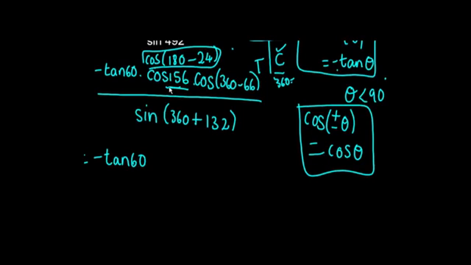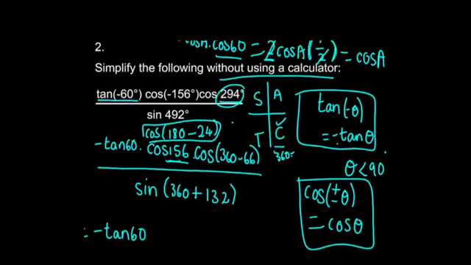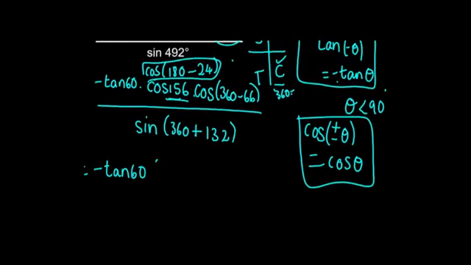Cos of 180 minus, when you reduce, remember, that's in your second quadrant. And cos is negative in that quadrant. So therefore, cos of 180 minus 24 is going to become negative cos 24, times, we've got cos 360 minus 66, that's in the fourth quadrant.